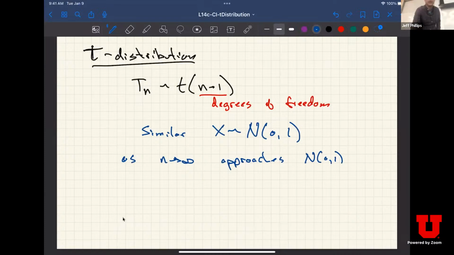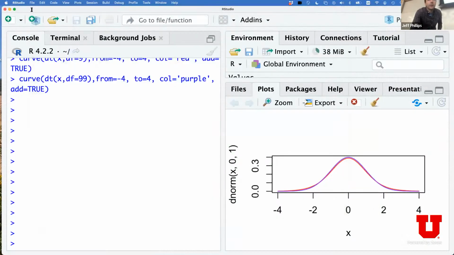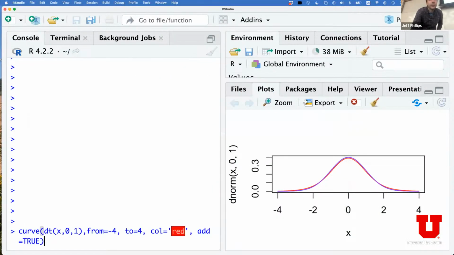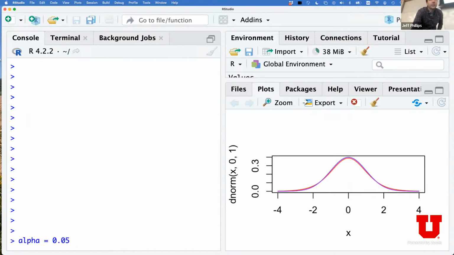Let's look at an example here in R. First let's set alpha equals 0.05 and n equals 10. To evaluate it, I'm going to use the quantile function.